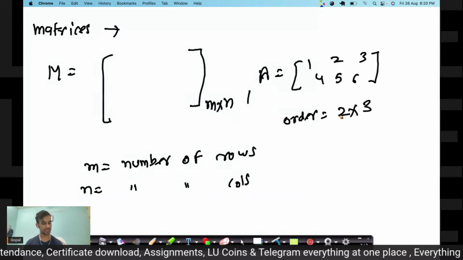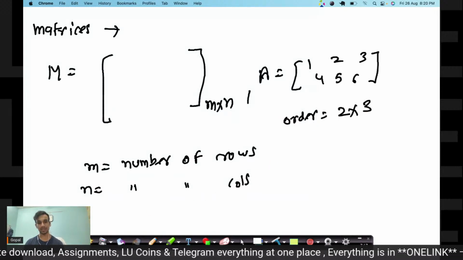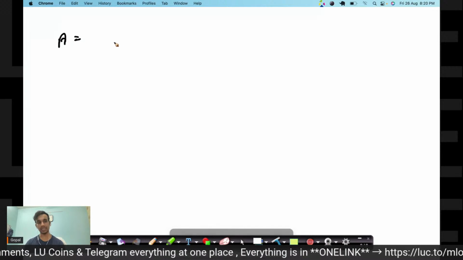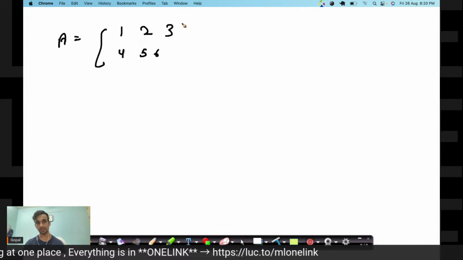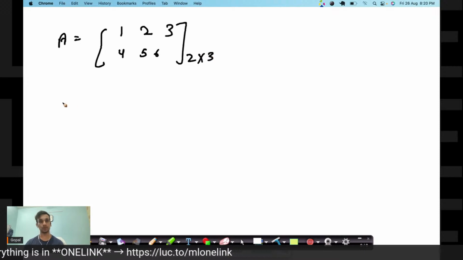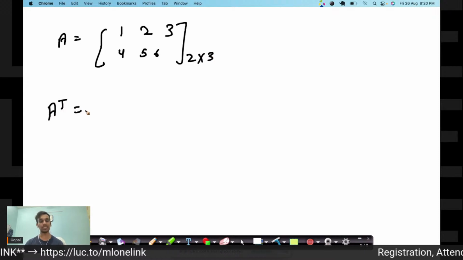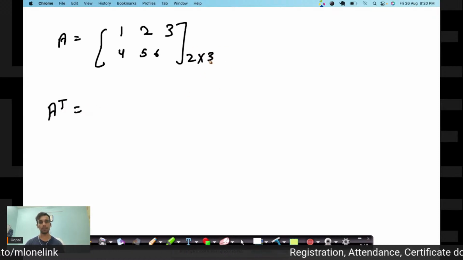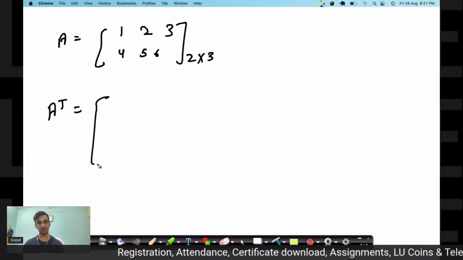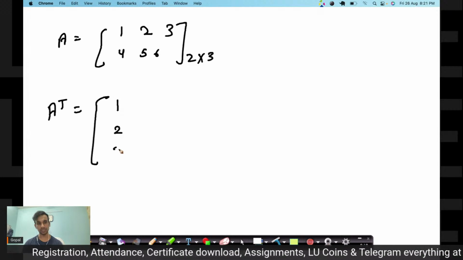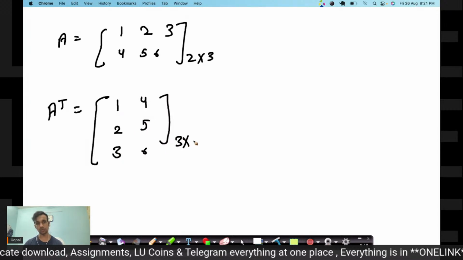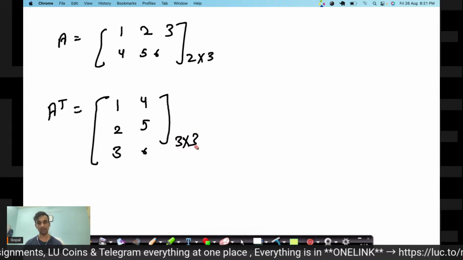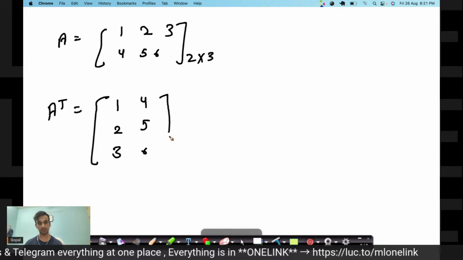Now when I say A transpose, it basically means I flip my rows with the columns and columns with the rows. Flipping gives me 1, 2, 3, 4, 5, and 6, and now it has become 3 cross 2.